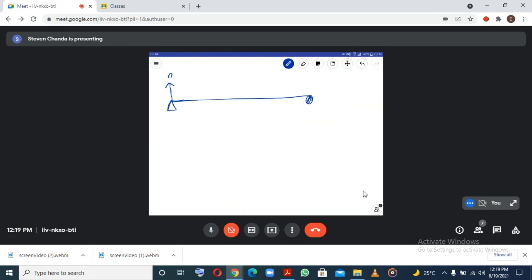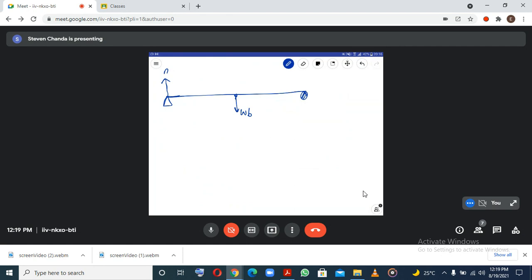Then what else do we know? At the midpoint of this board, that's where the weight of the board is going to be felt. That's the force there.